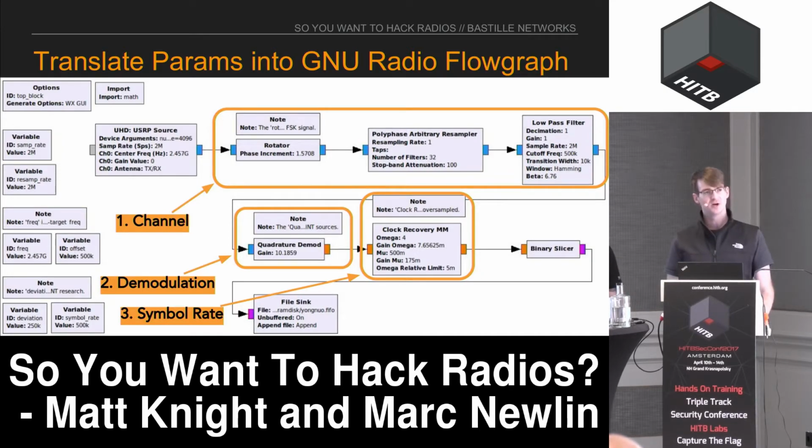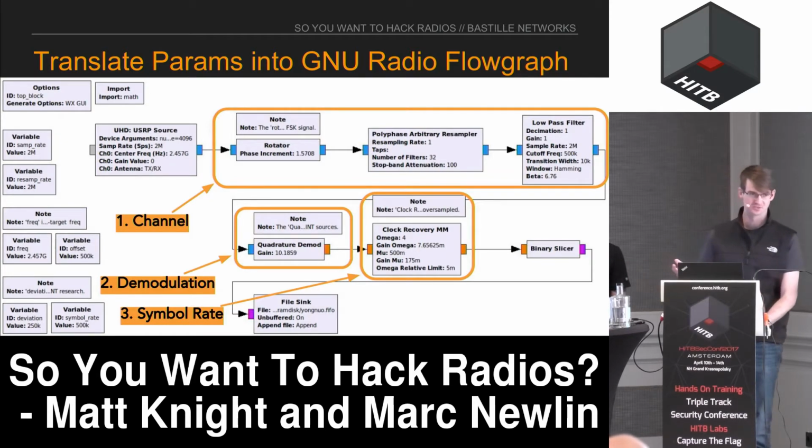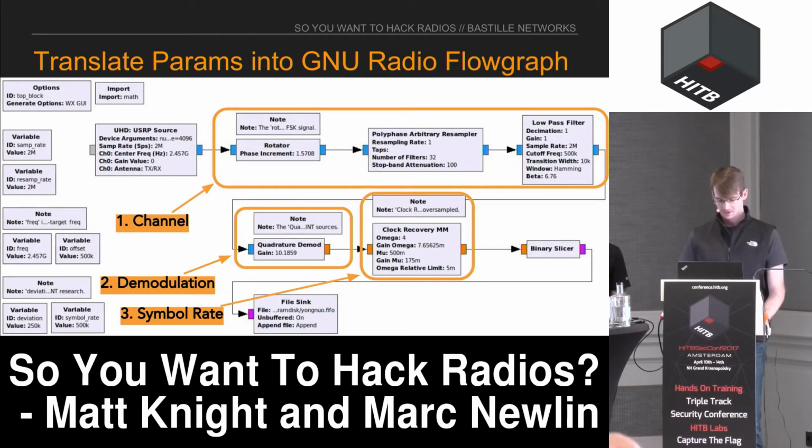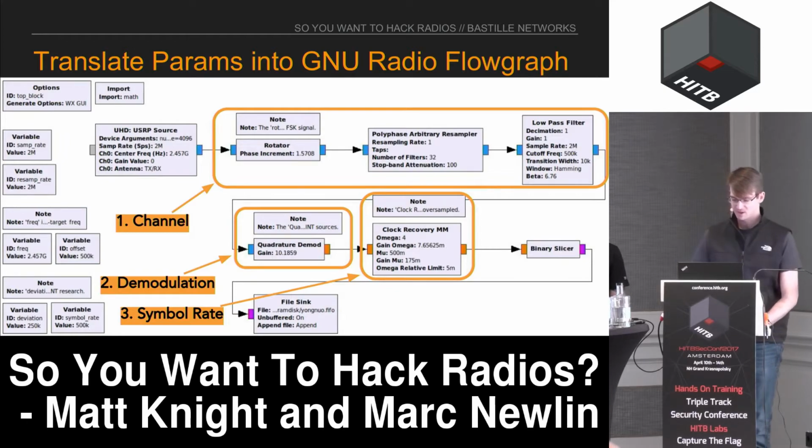Quadrature demodulation is a means of doing FSK demod. It has that scary floating point gain value in there, but that's auto-populated in GNU Radio, and it's just taking the values that we're providing in the variables. So, no knowledge or math required there, just being able to Google some stuff and plug some numbers in. And finally, on the right, we have clock recovery.